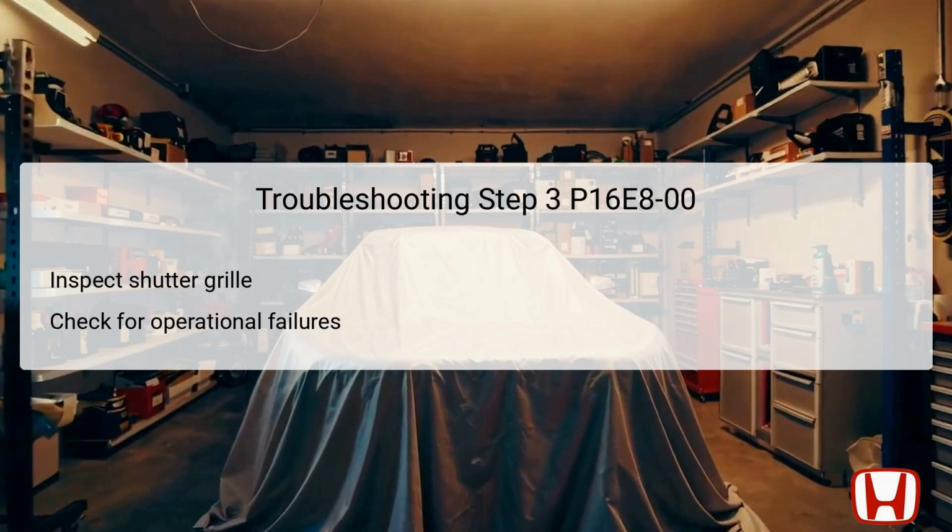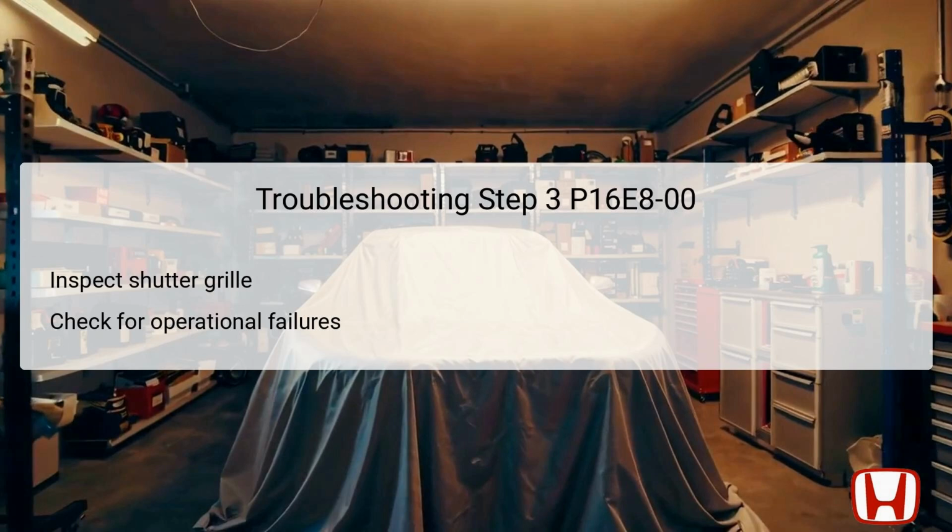The next troubleshooting step focuses on inspecting the shutter grille itself for any operational failures. Given its critical role in vehicle performance, it's essential to verify that the shutter grille is functioning as designed. Technicians may examine the connector of the shutter grille to ensure it is securely attached and check for any signs of damage.